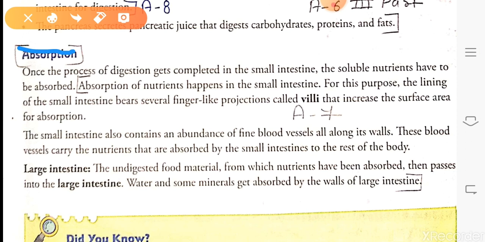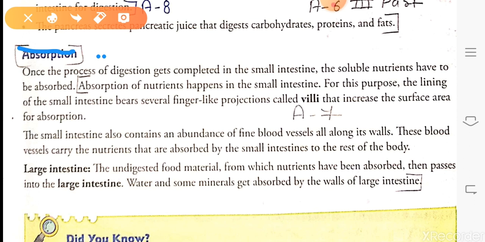The simple definition of absorption is the process by which simpler soluble products of digestion are absorbed by the body.